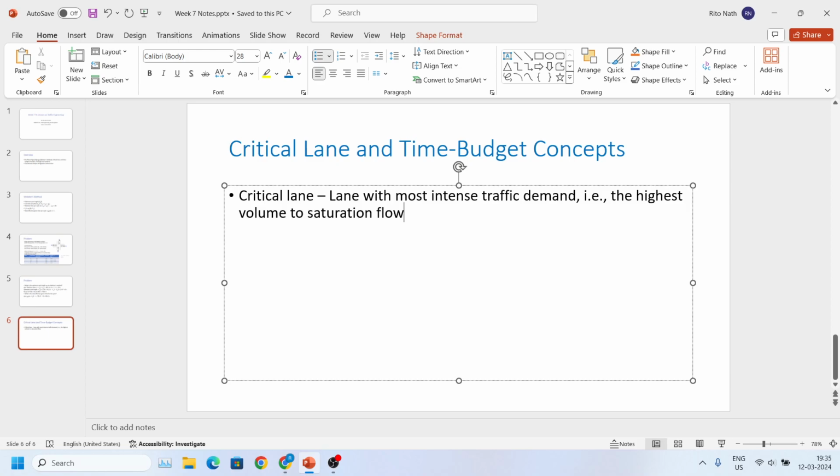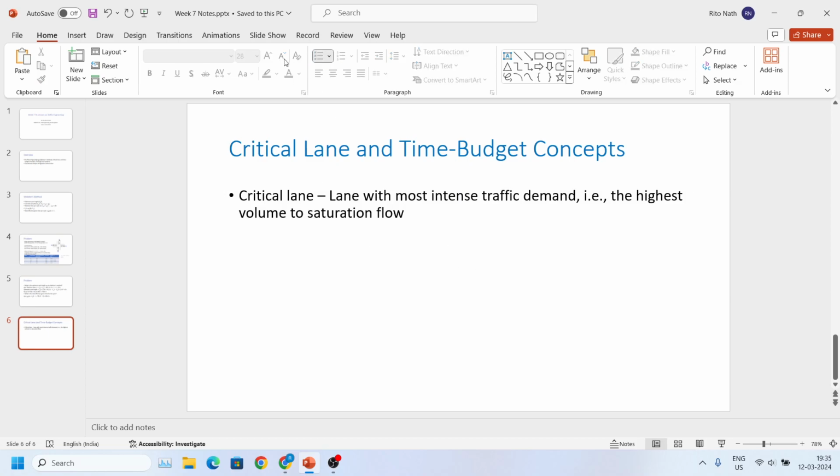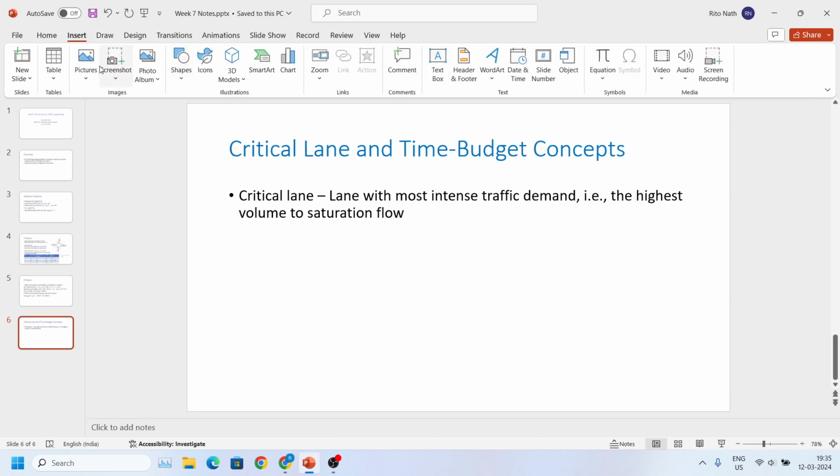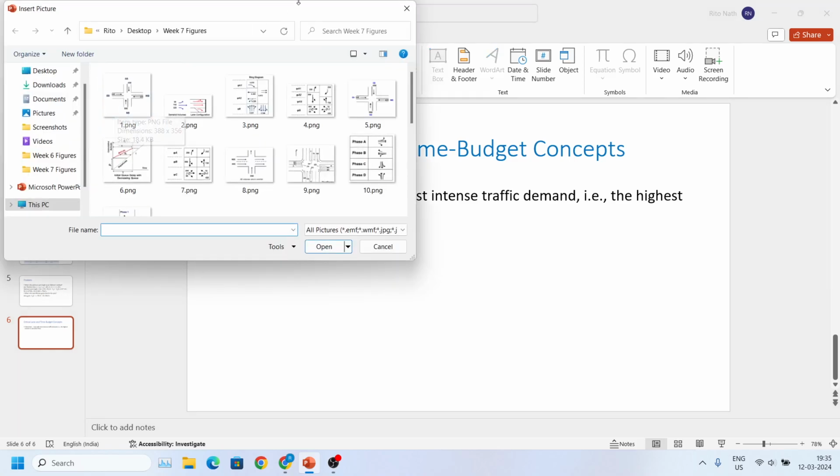So here, let's see if I can have that figure up.